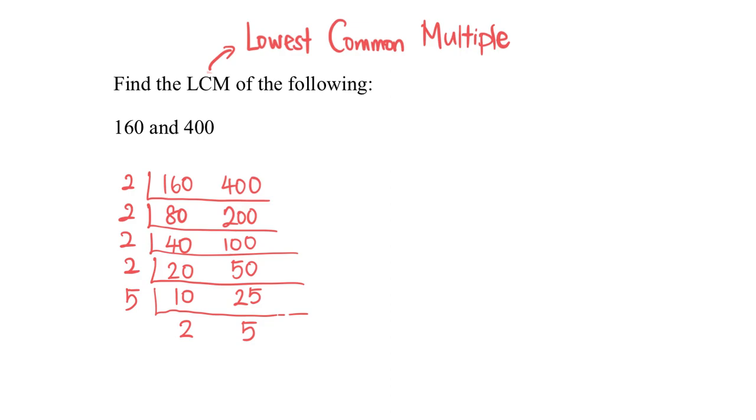And so for the lowest common multiple, I will have to select all of these. That will be equal to 2 power 5 times 5 power 2, and that will be equal to 800.